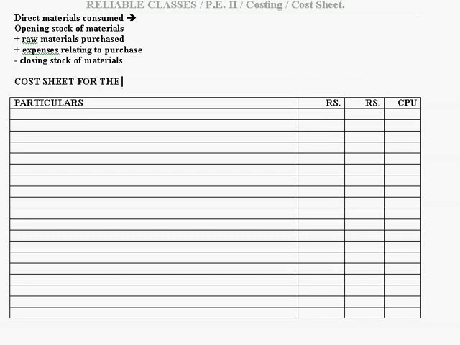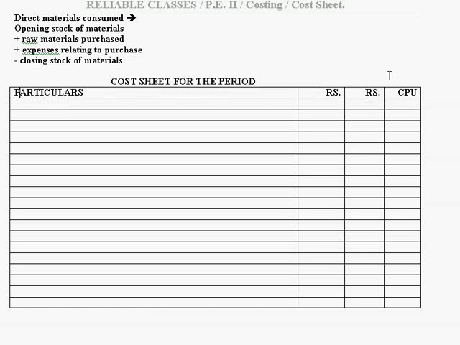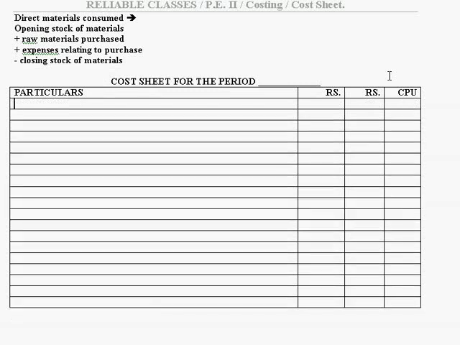Cost sheet for the period. Fine. Now tell me, what will you write first in your cost sheet? Which cost do you take first? Direct cost.